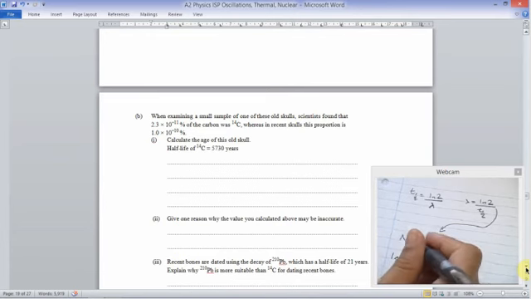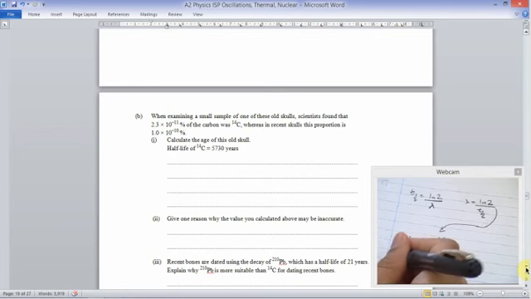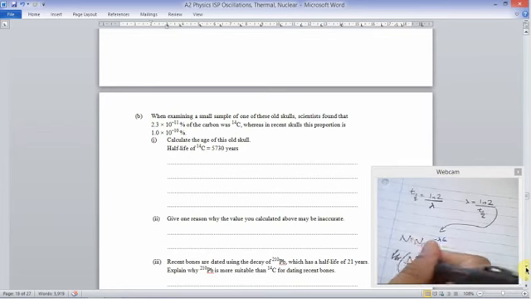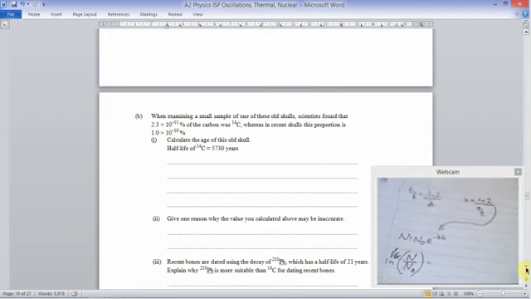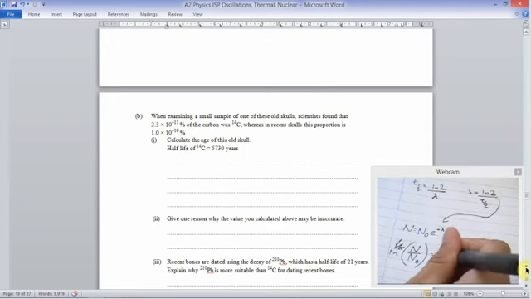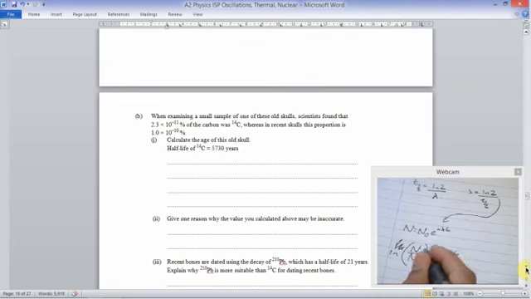Let's bring the N naught over and natural log it. If we natural log this side, remember the e disappears, left with minus lambda t. The minus disappears if you flip these over, so you're left with natural log of N naught over N is equal to lambda t.